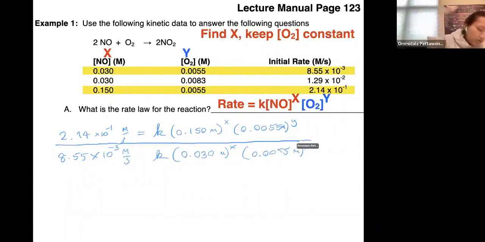This belongs to experiment 3, and this belongs to experiment 1.